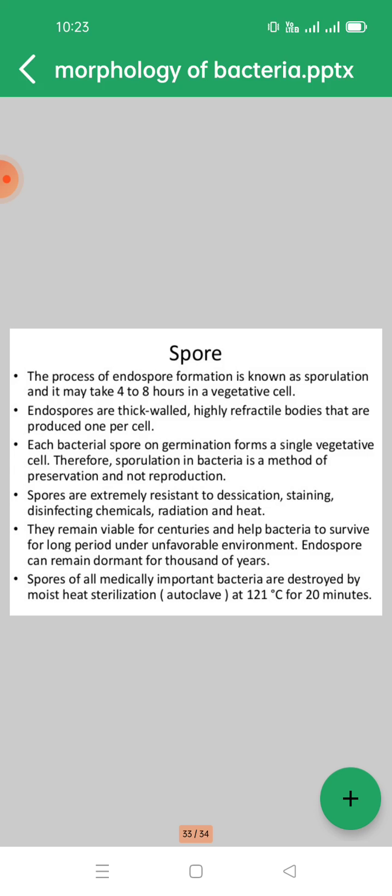So sporulation is not reproduction. Reproduction is where a single cell gives rise to two cells, whereas sporulation produces only one spore, and that one spore on germination gives rise to only one bacterial cell.